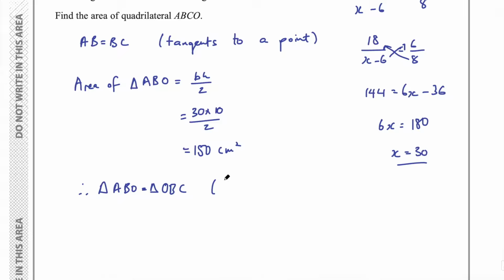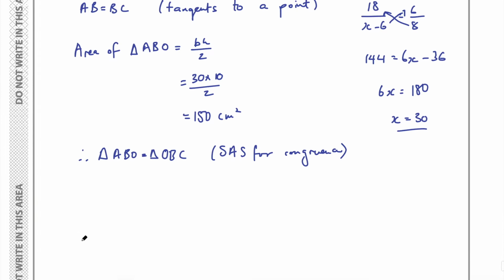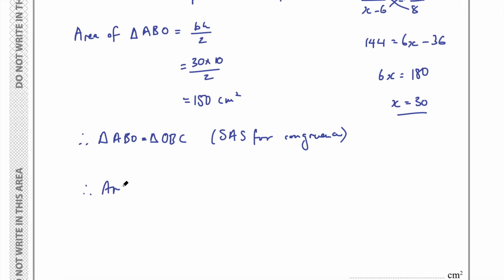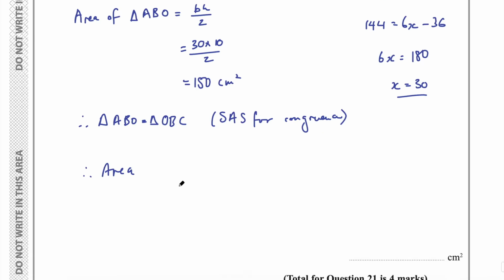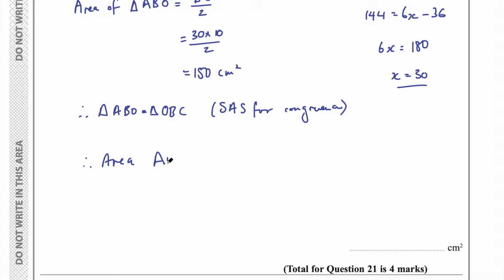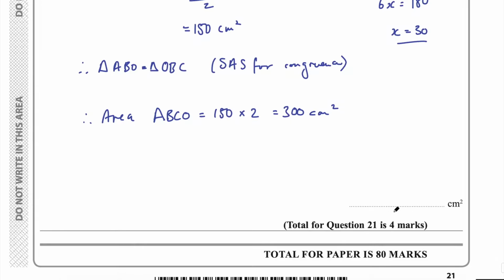So that would be side angle side rule for congruence. So therefore the area of that quadrilateral, which was ABCO, equals 150 times 2, which equals 300 centimeters squared. 300 centimeters squared, and that was question 21 for 4 marks, and that was the end of the paper.